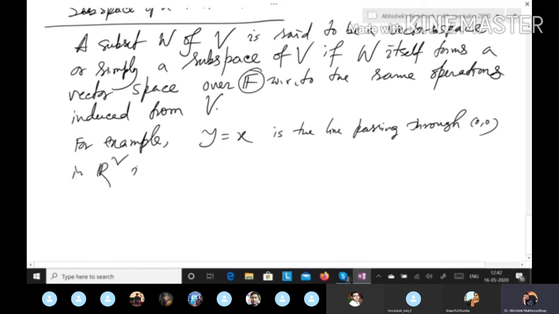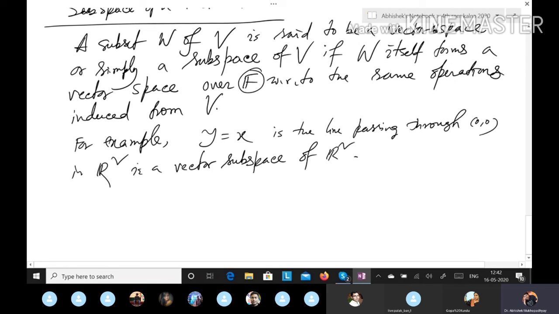And this line is a vector subspace of R2. You can consider any straight line passing through (0, 0); each of them will form a vector subspace of R2. So whenever you are asked to give an example of a vector subspace of a vector space, you may always give these examples. These are basic examples of vector subspaces.